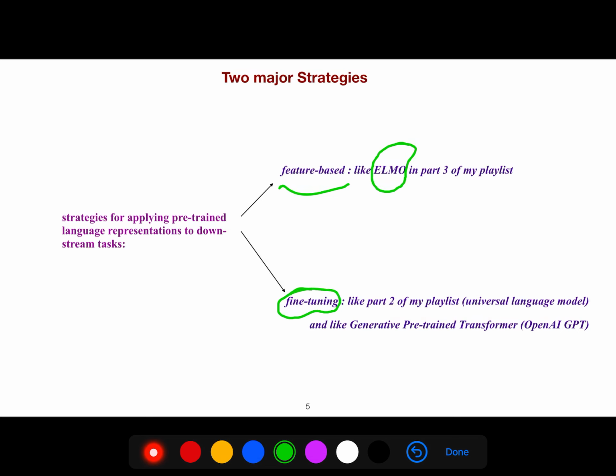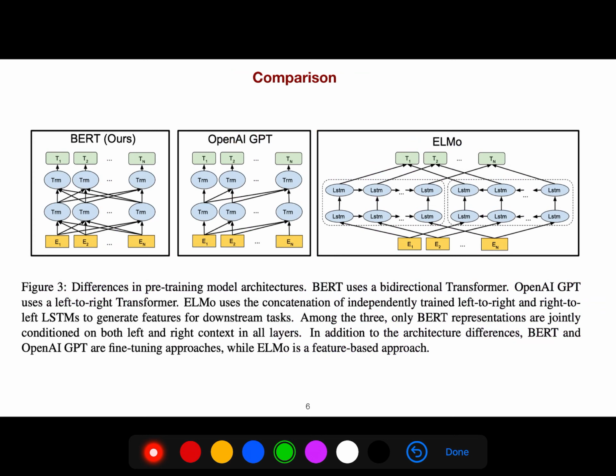For fine-tuning, it's like part 2 of my playlist, Universal Language Model, and of course the generative pre-trained transformer, OpenAI GPT, and some articles that I will explain later. So what is the comparison? I will explain it at the end of this lecture, but this is the difference in pre-training architecture between ELMo from my previous lecture, OpenAI GPT, and BERT, which is this lecture.